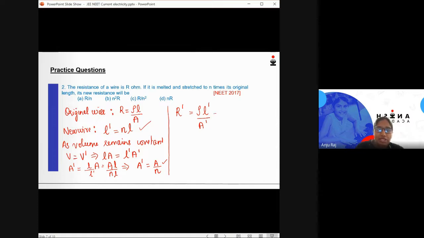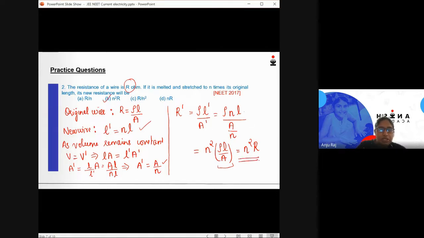L dash and A dash you need to substitute. L dash is n into L divided by A dash, which is A divided by n. So n can go to the numerator. So that will be n square. The remaining term is rho L by A. We don't have any specific value for the resistance. They have just told the resistance of the wire is R ohm. So n square into R.